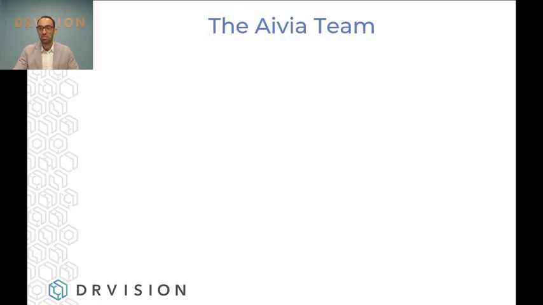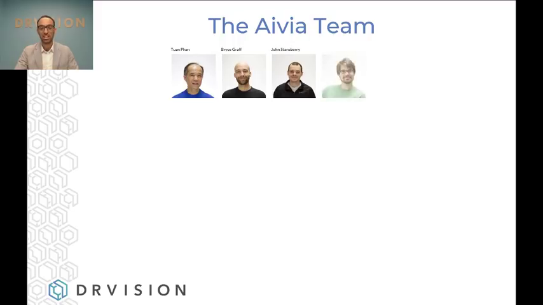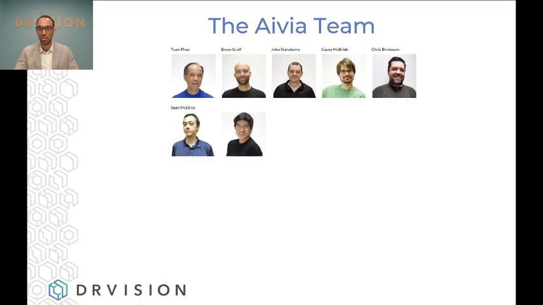The team is, however, quite a bit bigger, and this is just the Aivia team. There are additional people that are not working directly on Aivia that are part of DRVISION, and they contribute to other projects, including R&D projects. But this is the Aivia team.